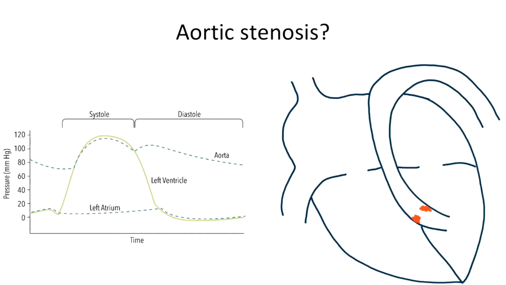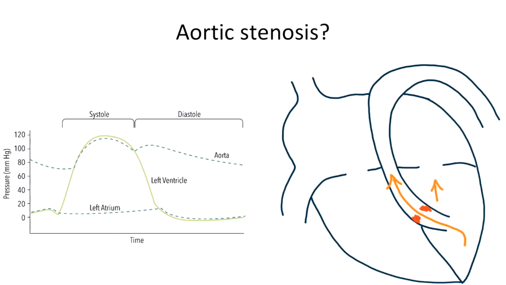This makes it harder for blood to pass from the left ventricle into the aorta during systole. Remember, the pressure in the left ventricle continues to rise until the aortic valve opens. If the aortic valve is stenotic, then the pressure in the left ventricle has to increase even more in order to open the aortic valve and allow blood to move from the left ventricle into the aorta.